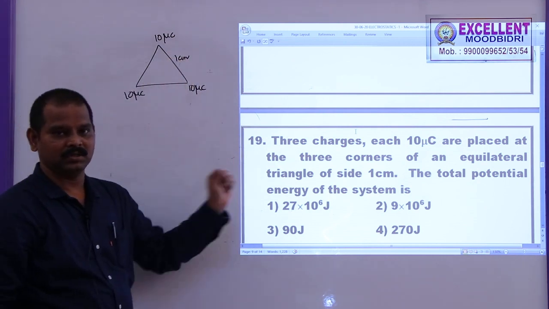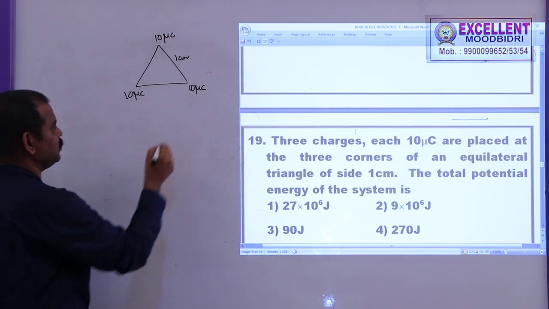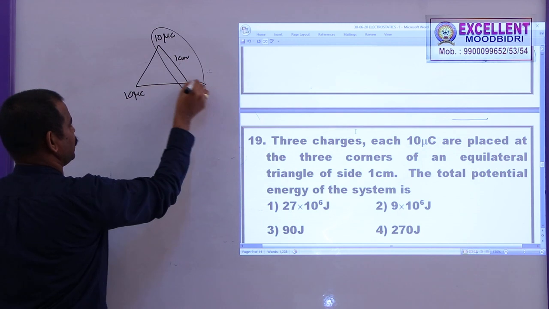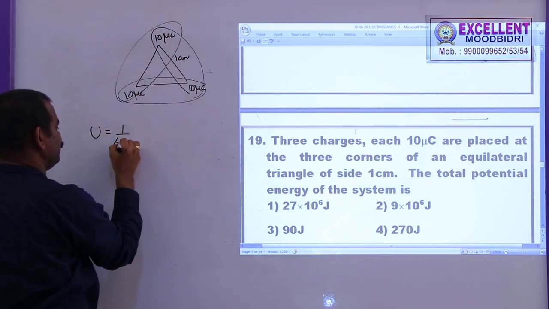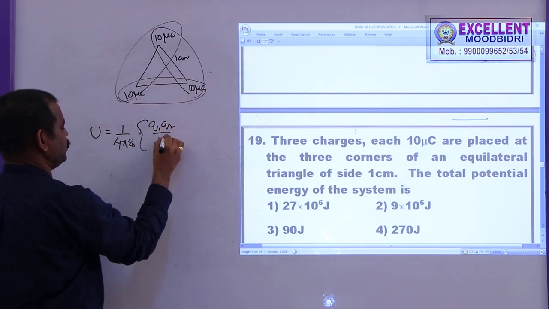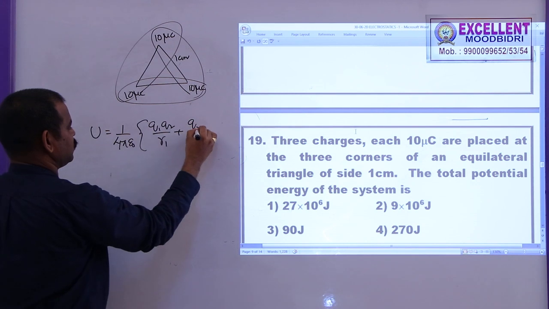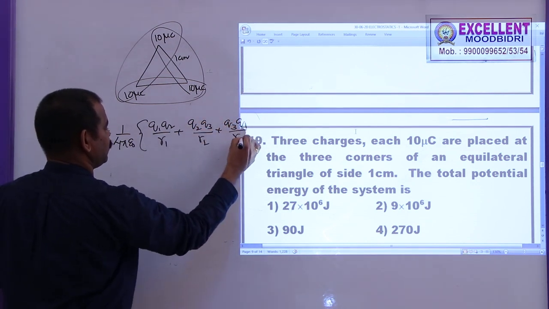What is the potential energy? We know that while calculating the potential energy, we have to consider each and every pair. So this is the first pair, second pair, third pair. So the potential energy is given by 1 by 4 pi epsilon naught, the product of the two charges by the distance between the two charges: Q1 Q2 by R1, Q2 Q3 by R2, Q3 Q1 by R3.